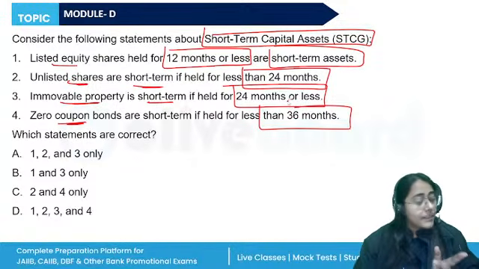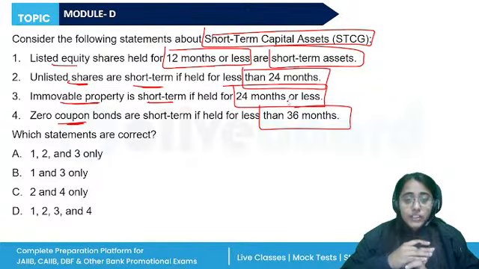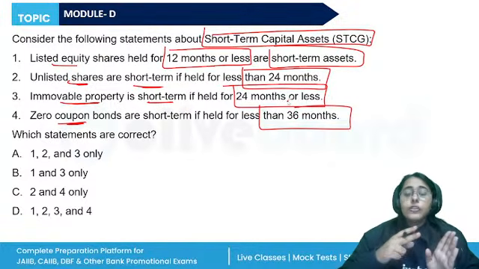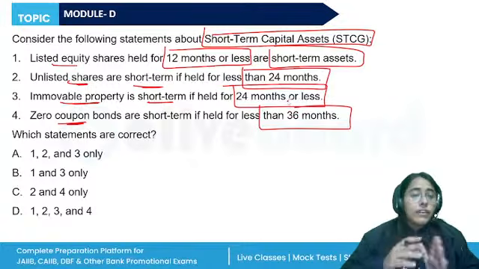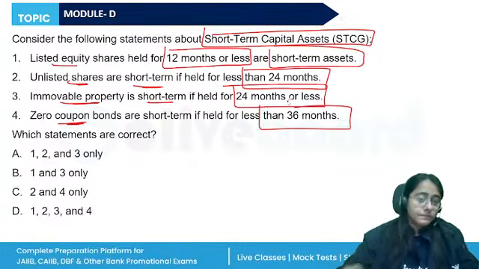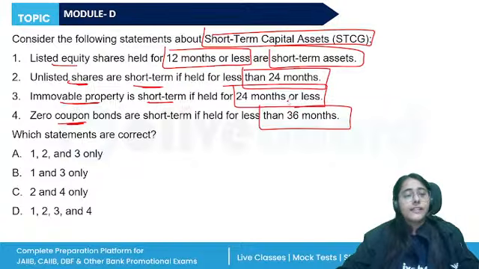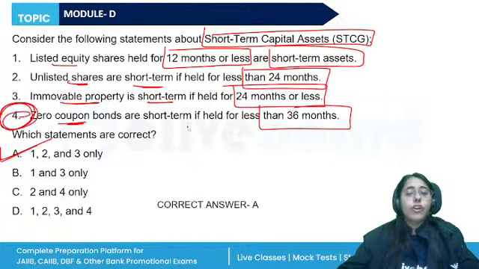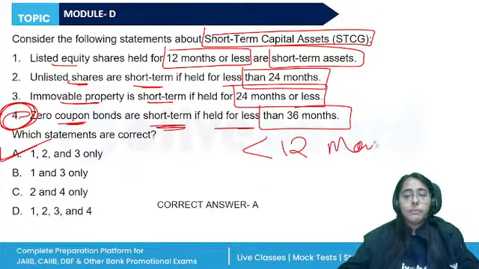For certain assets, the period is not 24 months, it is 12 months, like equity or preference shares listed on the stock exchange, securities on the stock exchange, units of UTI, zero coupon bonds, units of equity oriented mutual fund, whether quoted or not. Right? Yes, the correct answer is A, 1, 2, and 3. Zero coupon bonds are short term if held for less than 12 months.